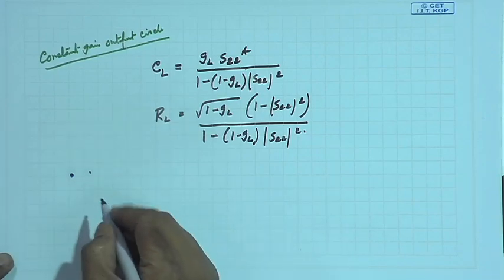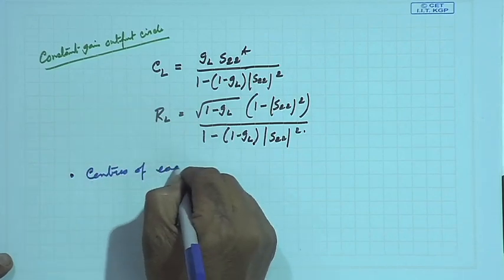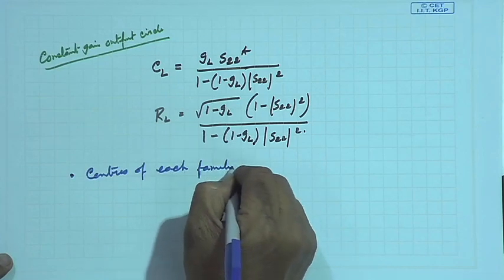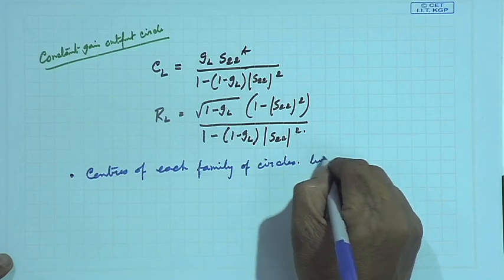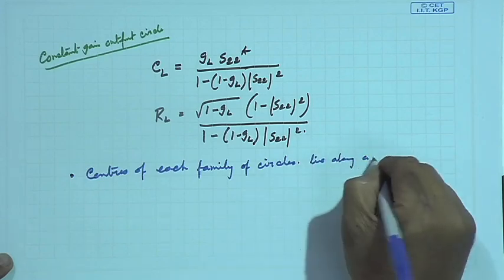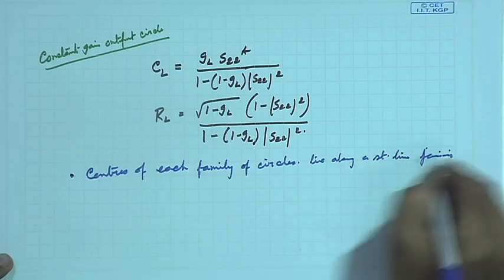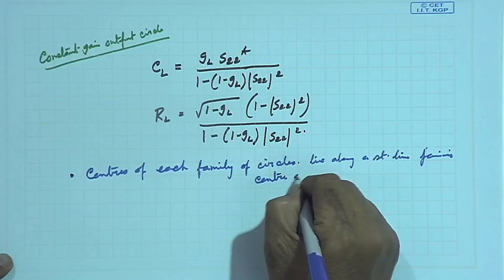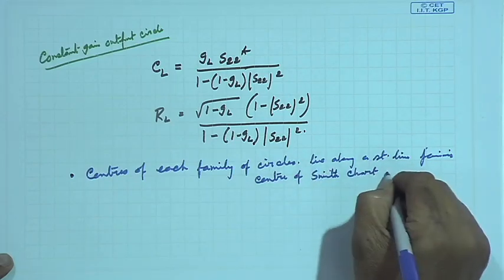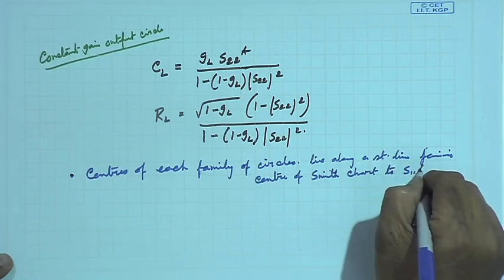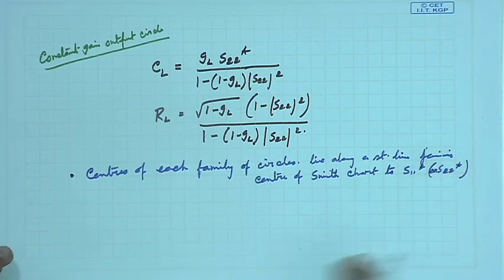But one thing is true, that centers of each family of circles lie along a straight line joining the center of Smith chart to either S11 star or S22 star.